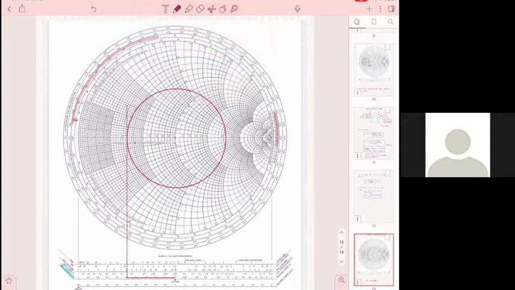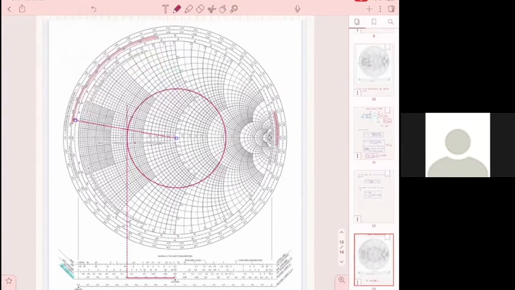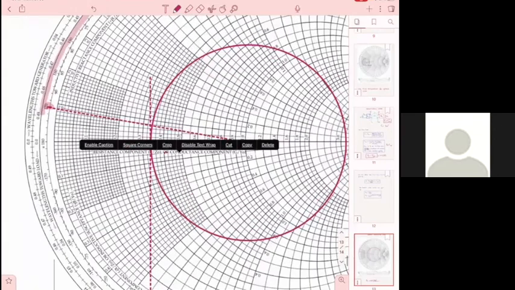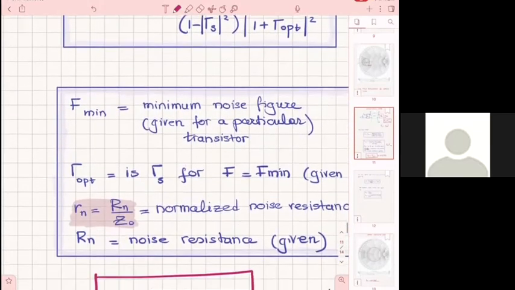We draw a line. Right? Then we do it like this. And then we find the place where the circle intersects. Okay, there.